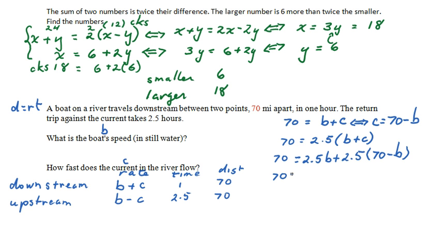So 70 equals 2.5b plus 175, that's 2.5 times 70, and I made a mistake in the second equation here. I'm going to fix that now. It should have been 70 equals 2.5 times (b minus c).